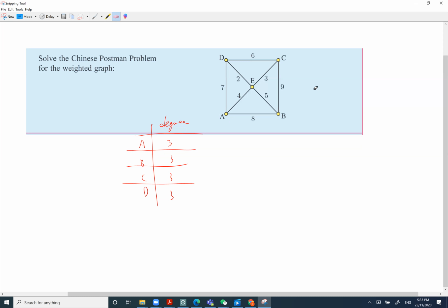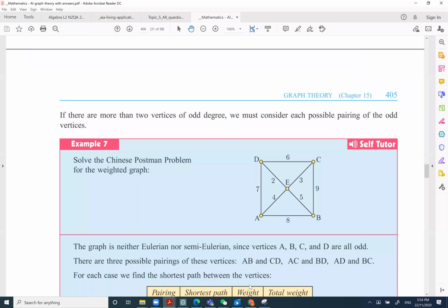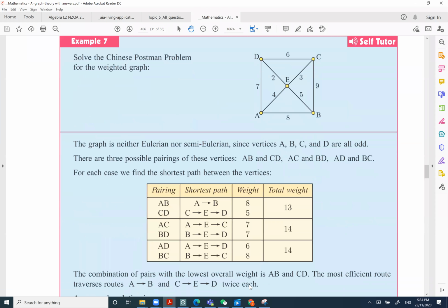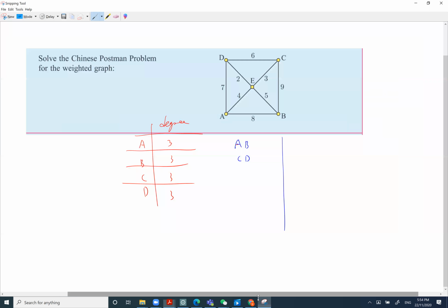Now, the possible way you repeat could be AB together, like A to B repeated, or could be CD. So the first one, AB and CD, this pair. Or maybe we check how they write here.